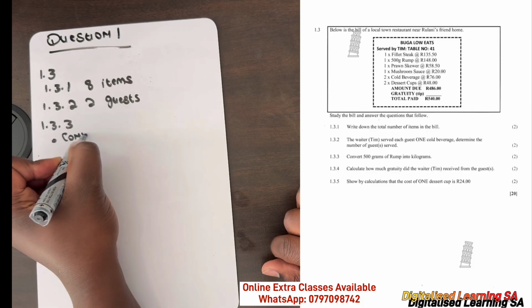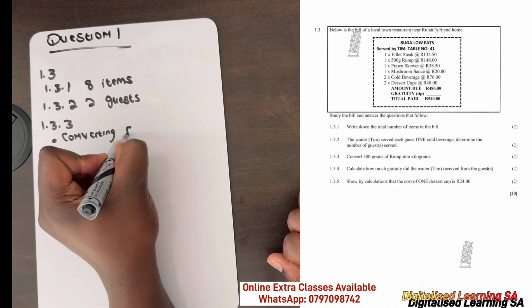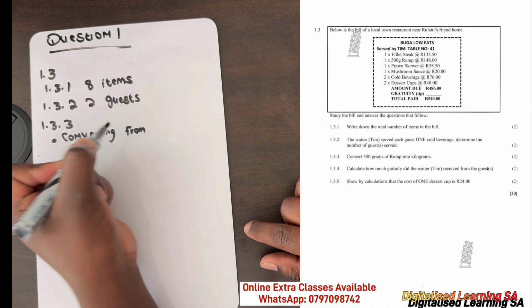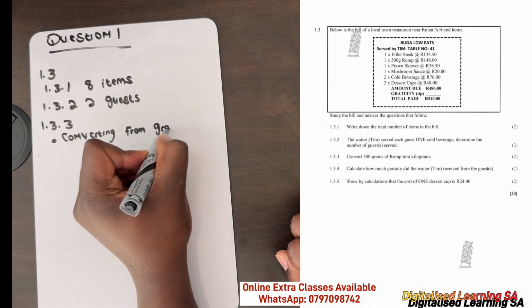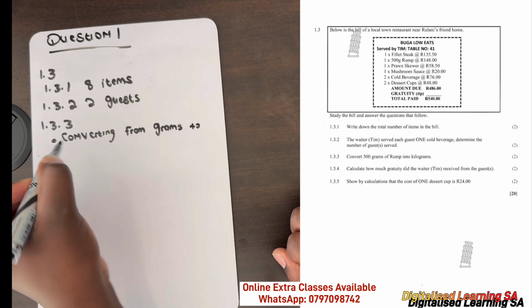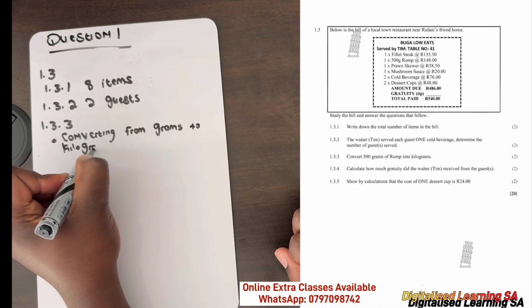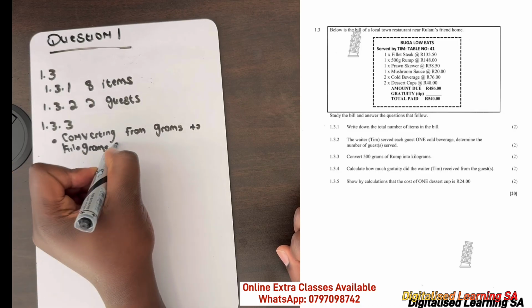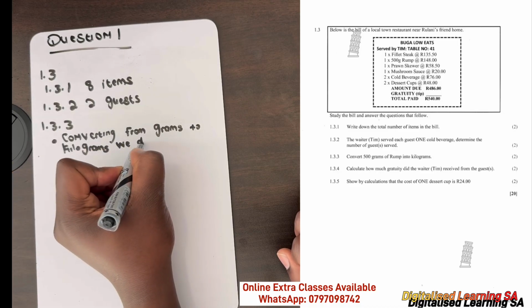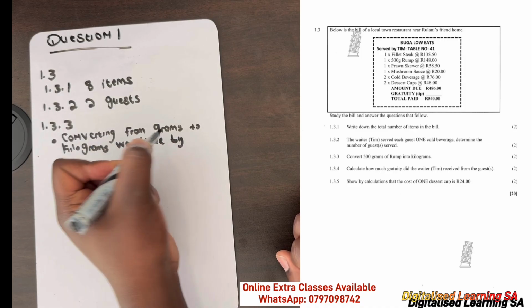So converting from grams to kilograms, we divide by 1000.